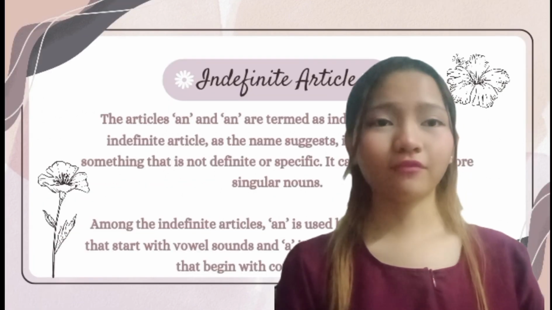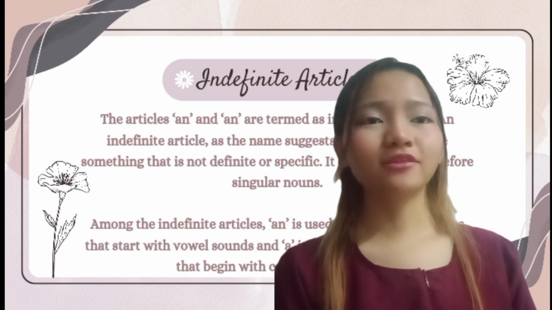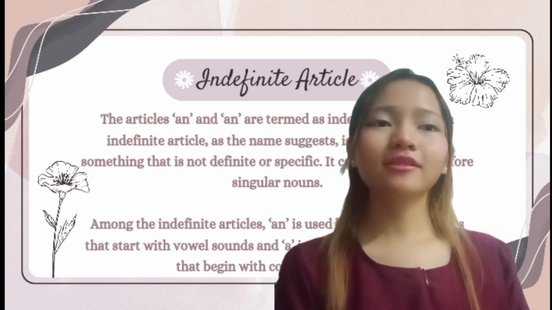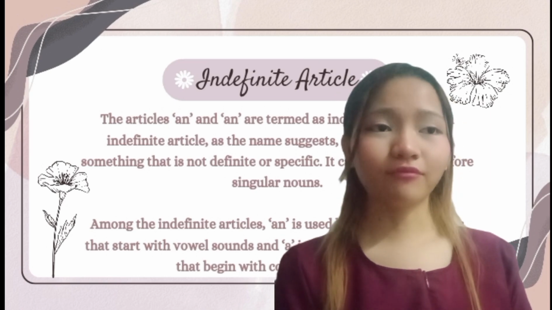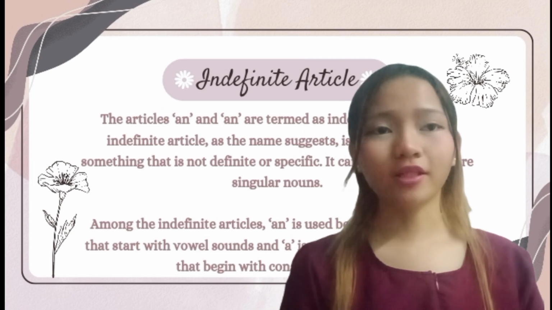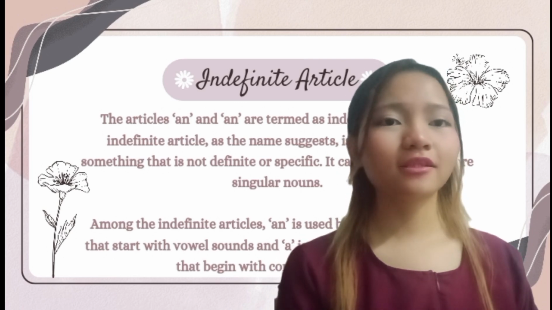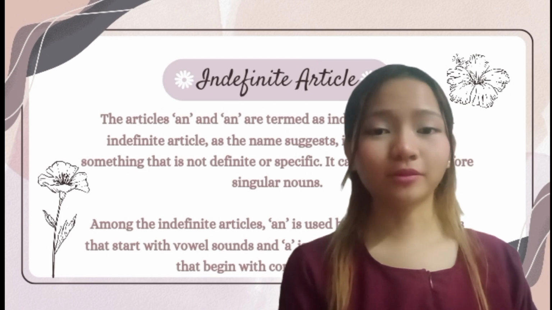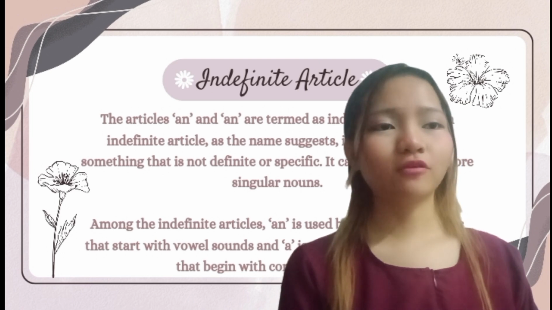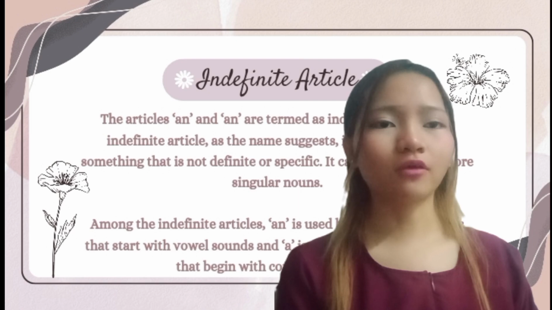The indefinite articles are a and an. An indefinite article, as the name suggests, is used to indicate something that is not defined or specific. It can also be used before singular nouns.